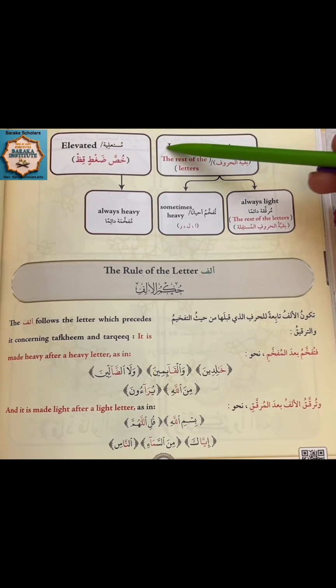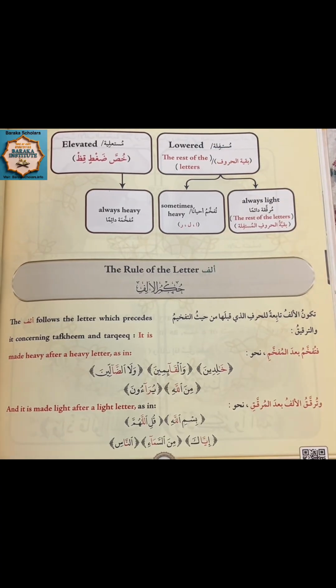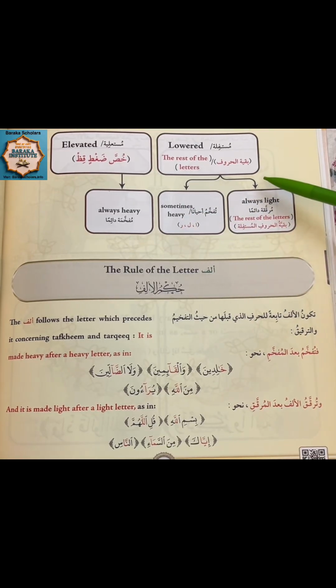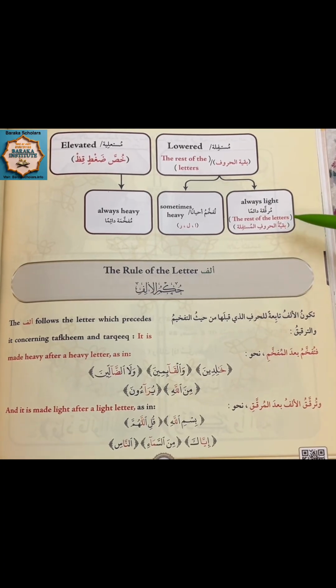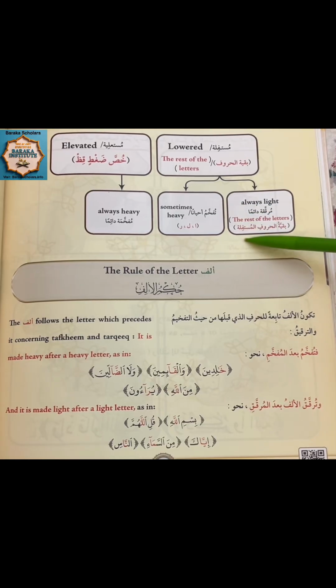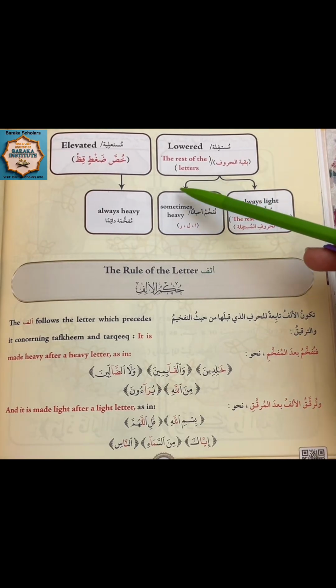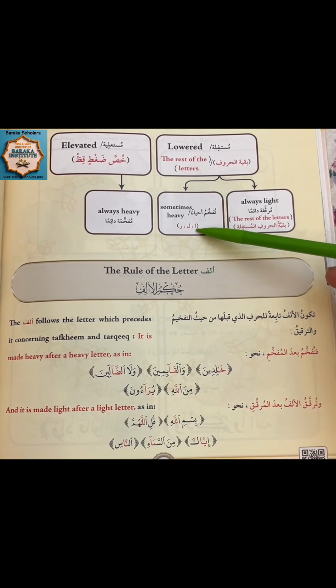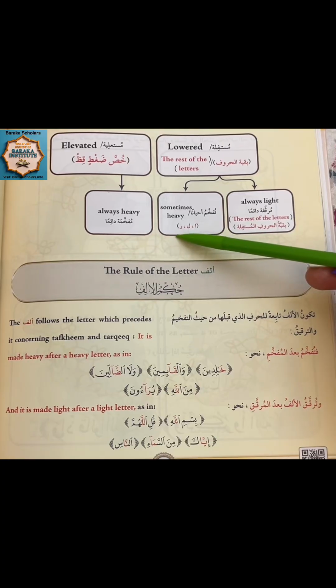Now, the lowered letters are the rest of the letters, but they have two types. They might be always light, and that would be most of the letters, and then we have sometimes heavy. So we have alif, lam, and ra.